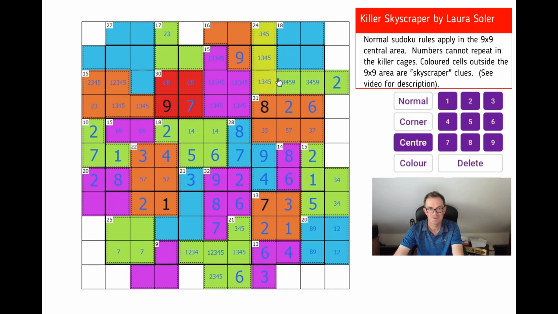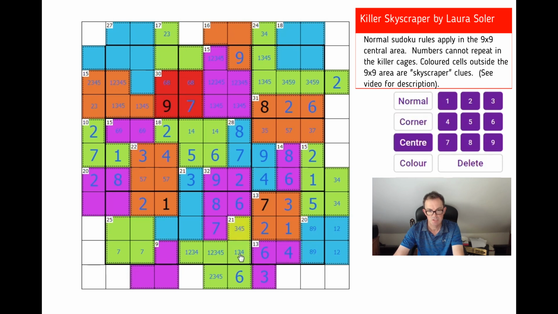So none of those are 2. 1, 2, 3. The maximum this could be would be 4. It could still be 3. Okay. Now let's come back to this 6 because I need this to increase. So this can't be a 5.